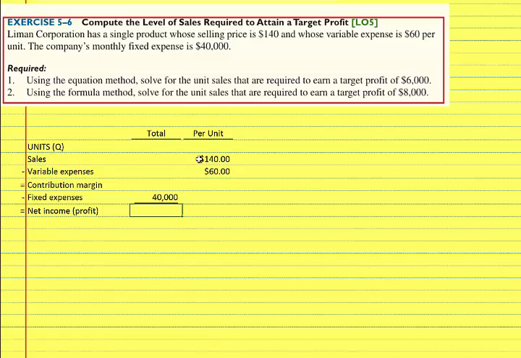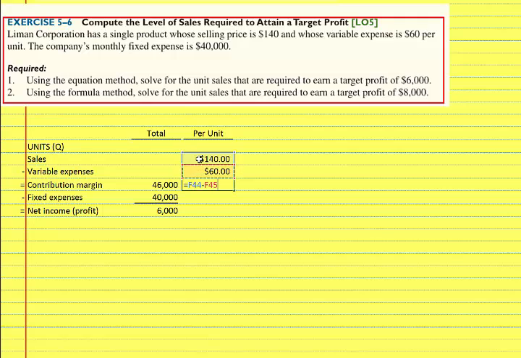For requirement 1, to earn a target profit of $6,000, we need enough contribution margin to cover fixed expenses of $40,000 and target profit of $6,000. We need contribution margin of $40,000 plus $6,000. We need contribution margin of $46,000. Each unit gives us a contribution margin of 140 minus 60.